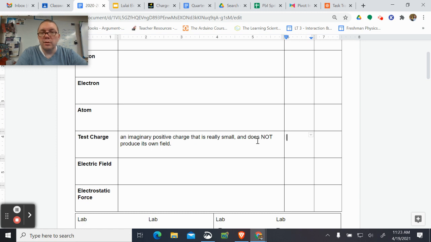The symbol for that, if it's ever written down in different spots, is sometimes Q with a little subscript 0 or O. Sometimes it's Q with a little subscript T, for test charge. That's what we've got there.